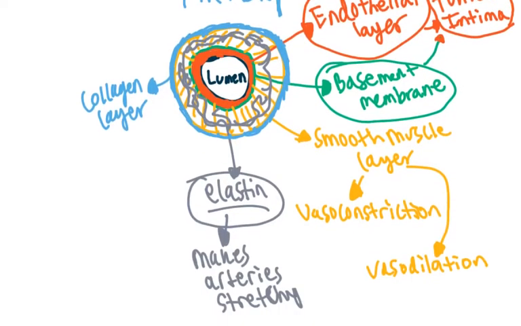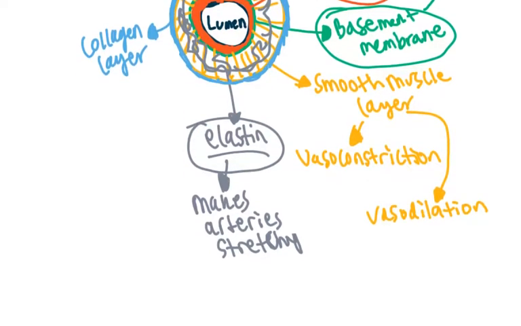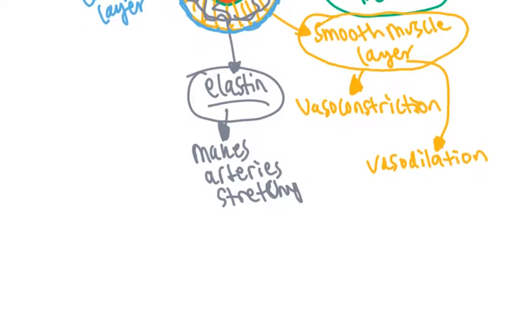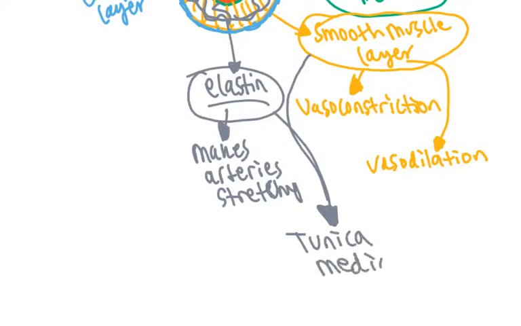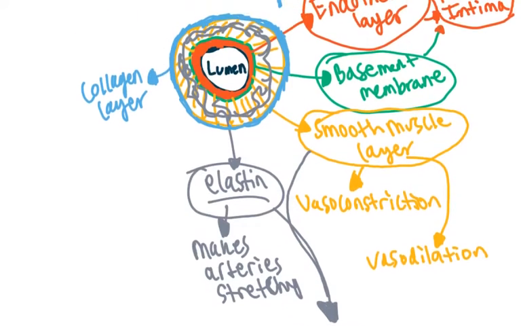Now, our smooth muscle layer and our elastin fibers inside the smooth muscle, both of them are part of the tunica media layer. All right, so our smooth muscle, I'm going to circle this, join them together. Our smooth muscle layer and our elastin fibers inside our smooth muscle layer are called our tunica media layer of our blood vessel.